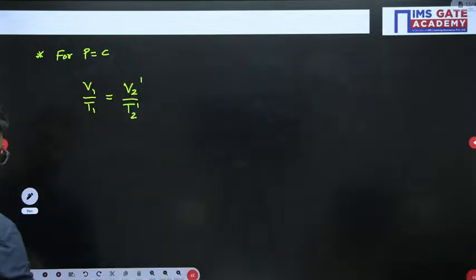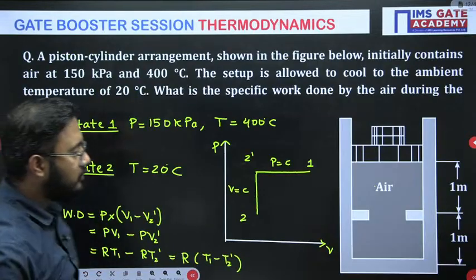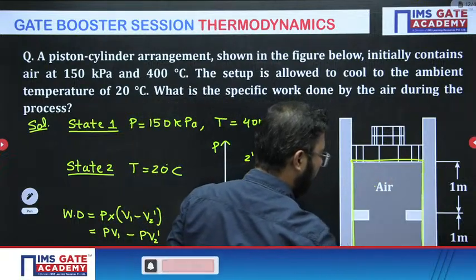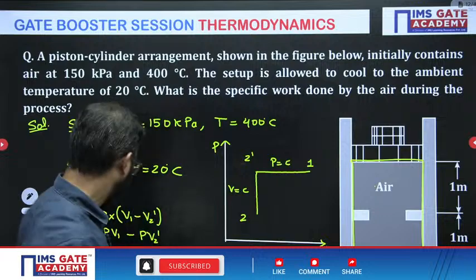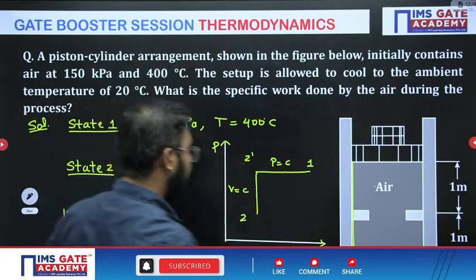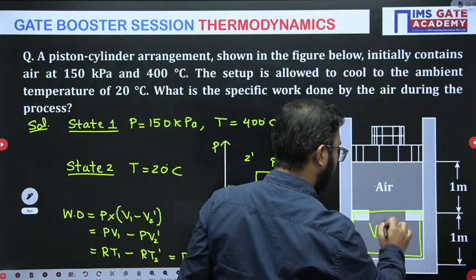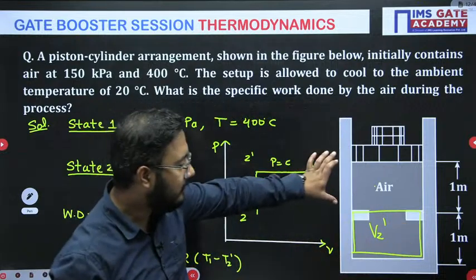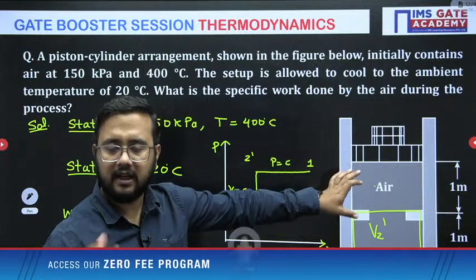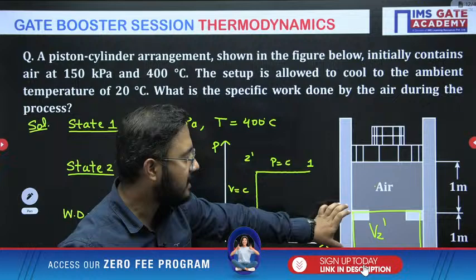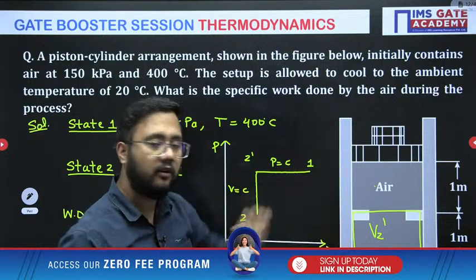Now, how to write V1 and V2 dash? See, V1 means this is the complete whole volume, V1. Now, what is V2 dash? This is V2 dash. They have given the height, and assuming the area is some area A that we have assumed, can I say this volume is half of the total volume?